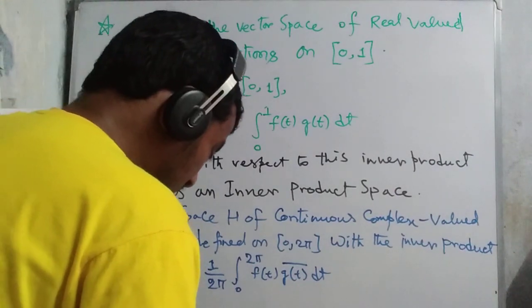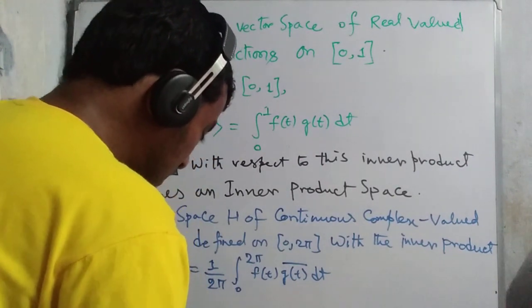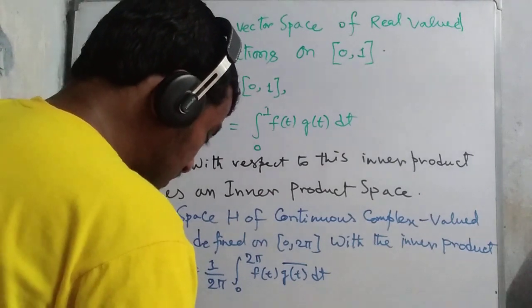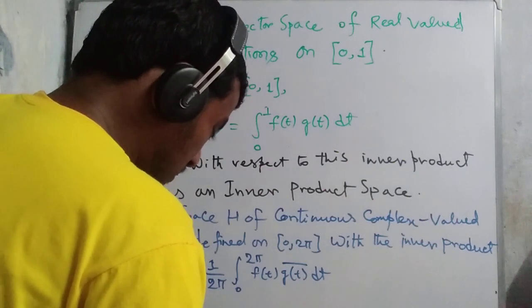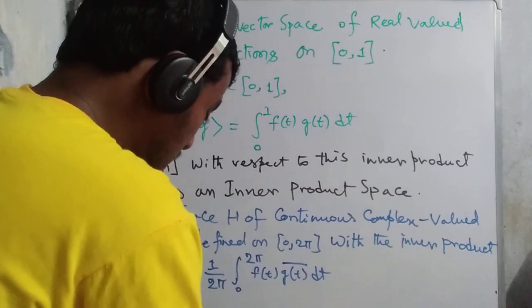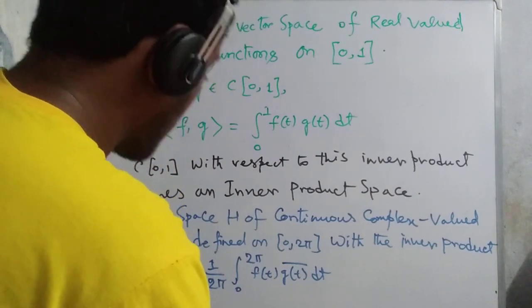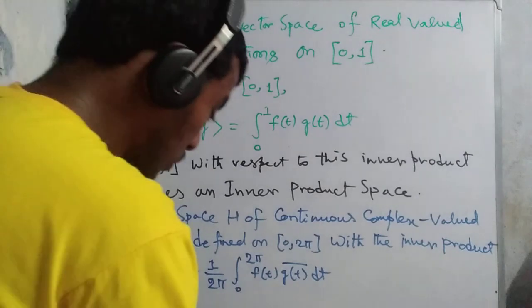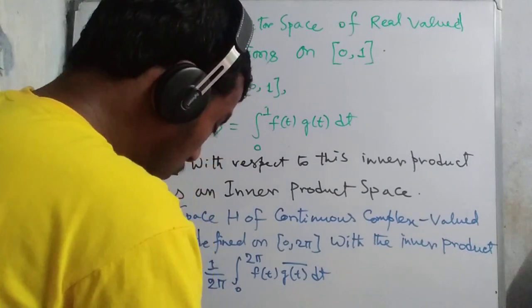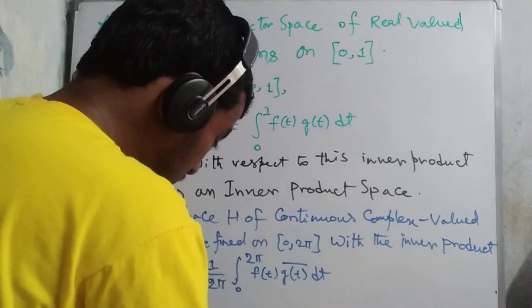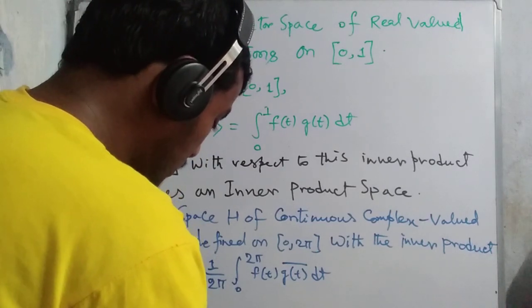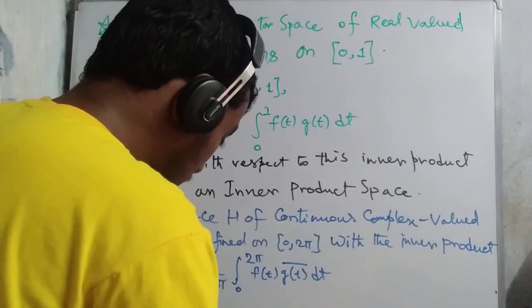Then we also show that this is a complex valued function defined on a closed interval with this inner product. There is some constant here also. This is not a problem at all.